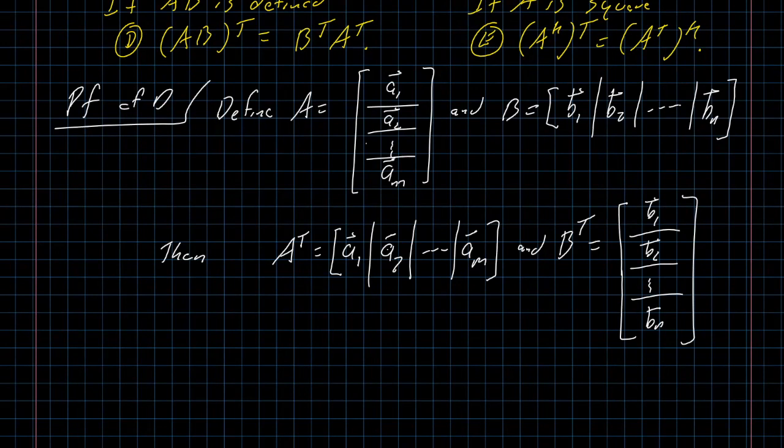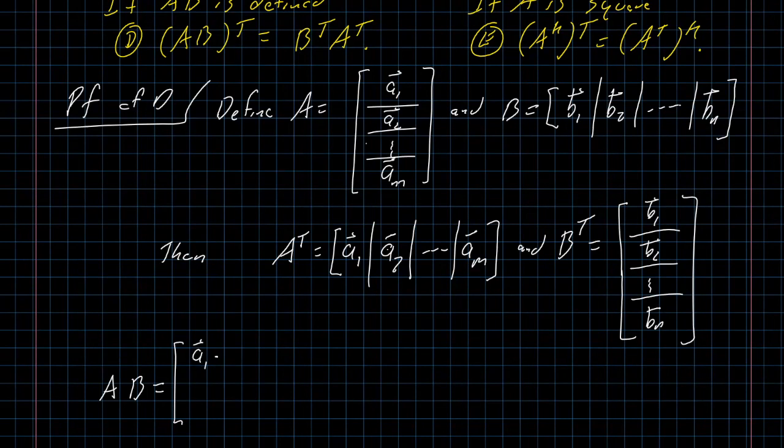And what happens when we multiply these matrices together? If I multiply matrix A times matrix B, the definition is that each entry in the matrix is going to be the dot product of the corresponding row and column.